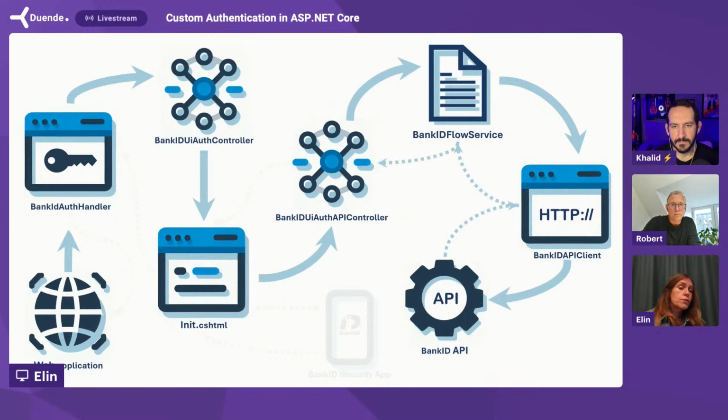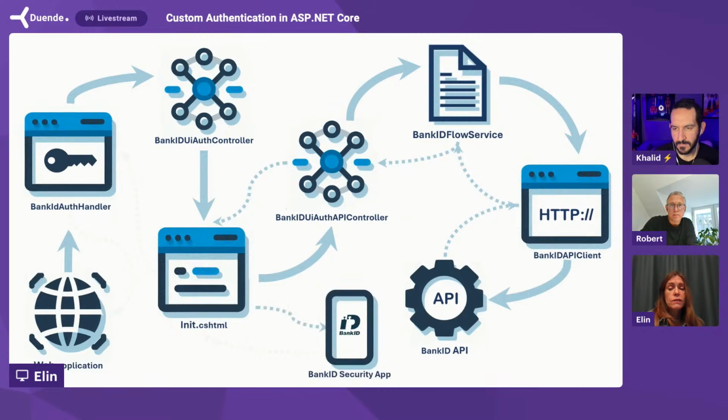And the API controller creates an HTTP response containing all the information that the view now needs for the next step and returns it back to the view. And in the next step, the view then knows if it needs to start a security application or display a QR code on the screen.